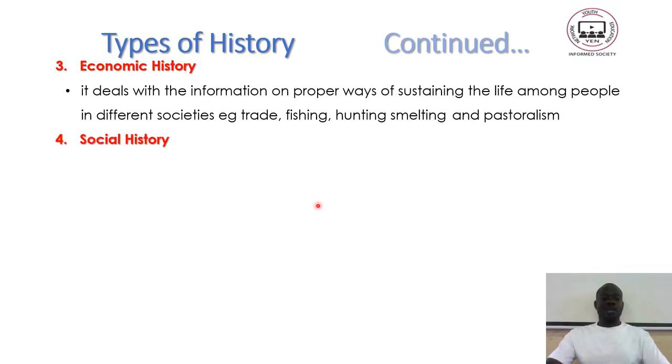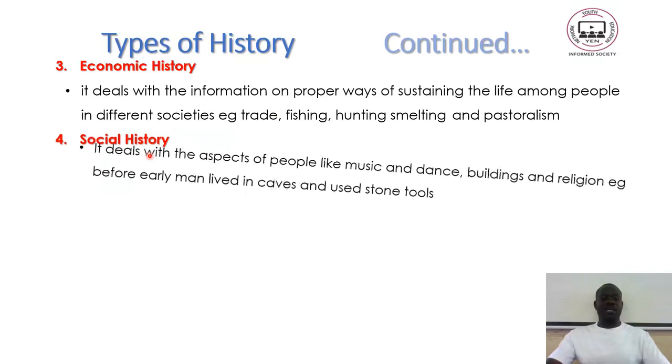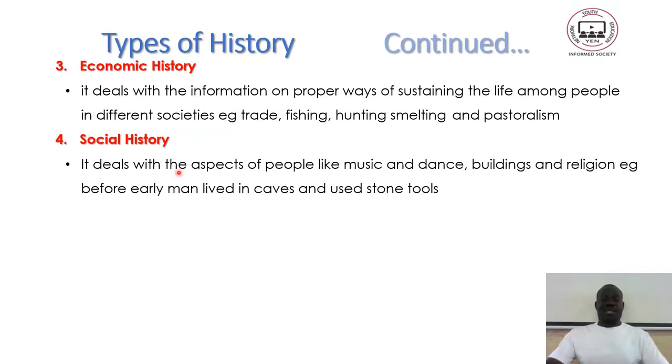Then there is social history. Social history deals with the aspects of people like music, dance, buildings, and religion. So, for example, we may talk of how before, man lived in caves and used stone tools.